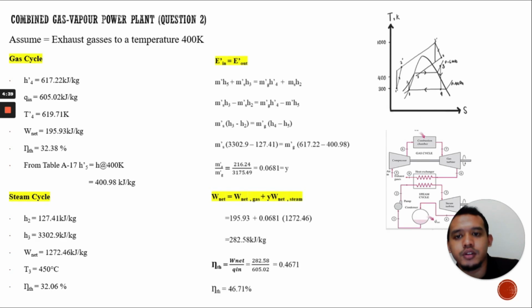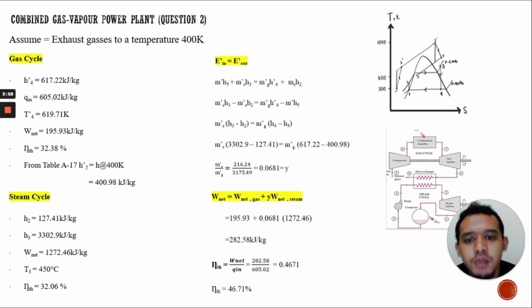Now moving to the equation. This gas cycle and steam cycle we already got. Then to calculate the thermal efficiency, we have to use the ratio of mass flow rate using the energy balance equation. E in equals E out. Mass flow rate of gas times enthalpy at point 5 plus mass flow rate of steam times enthalpy at point 3 equals mass flow rate of gas times enthalpy at point 4 prime plus mass flow rate of steam times enthalpy at point 2.